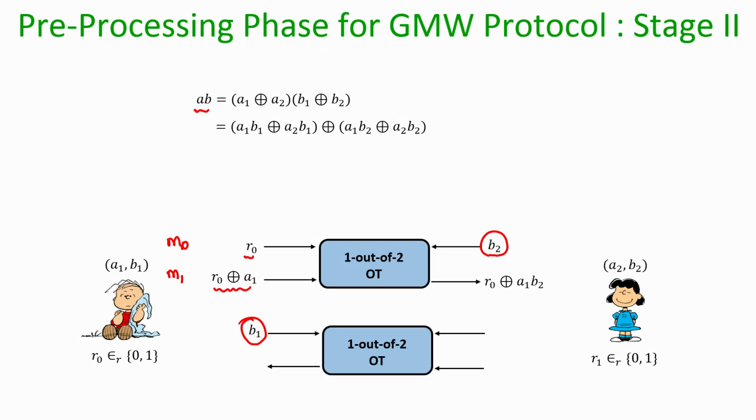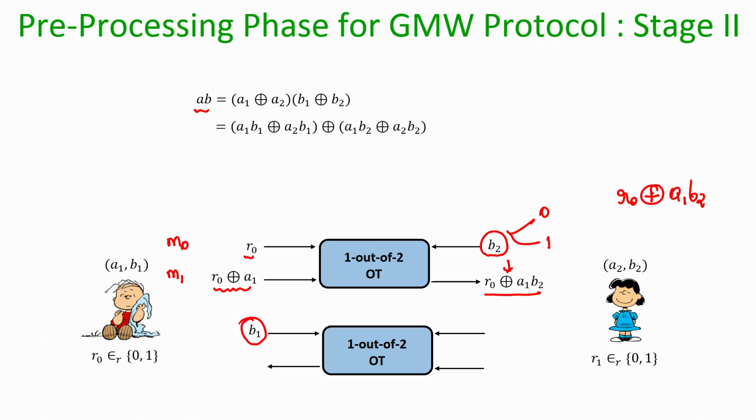Based on the correctness property of the OT, depending upon whether B2 is equal to 0 or 1, the second party, the receiver of this OT, will receive the corresponding value. And now, you can see that she is learning R0 XORed with A1 times B2. She is no longer learning A1 times B2 in clear as was the case in the earlier approach.